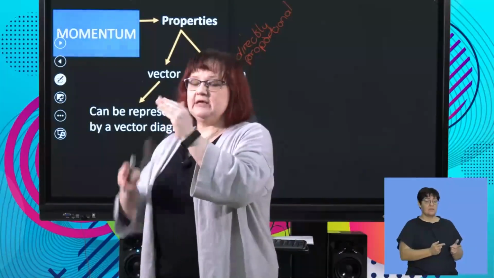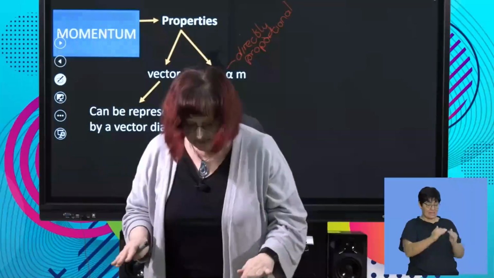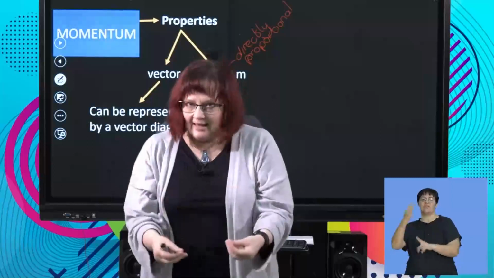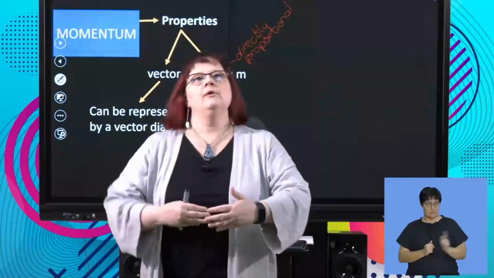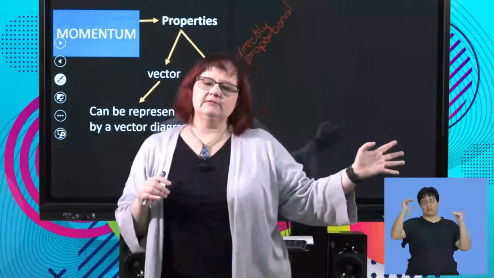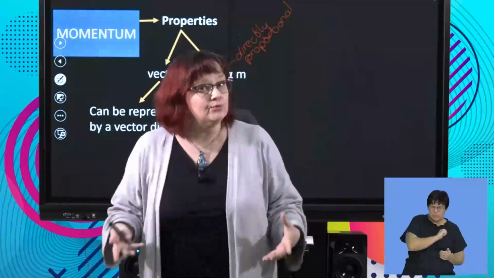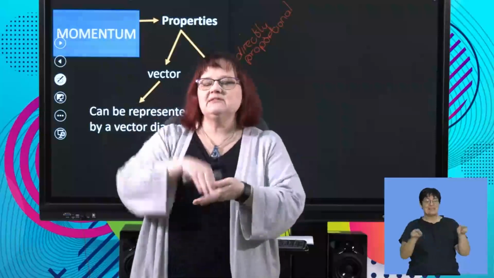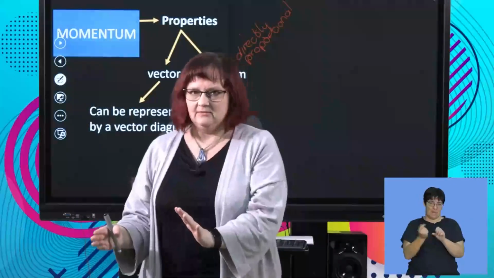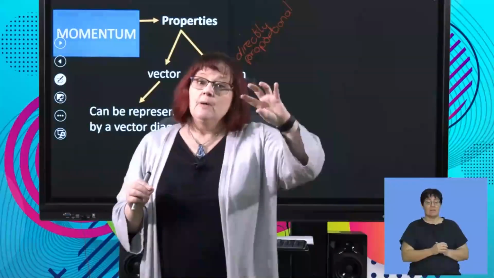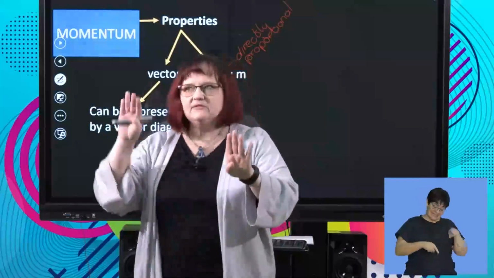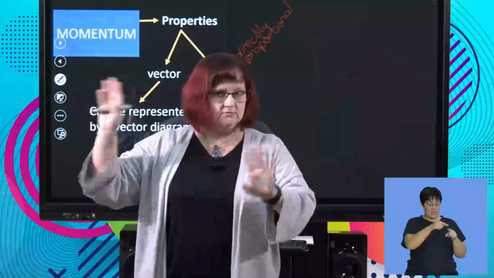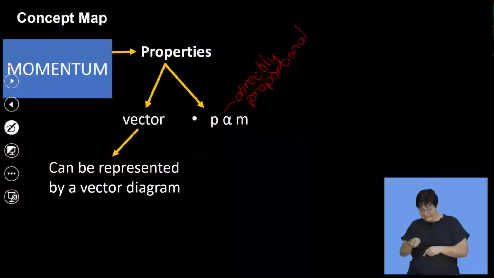If mass becomes 3 times smaller, momentum becomes 3 times smaller. Be careful here that you don't go, if mass increases, momentum increases. That's true, but they increase or decrease by the same factor. Okay, that's very important. Momentum depends on mass. Okay, not the other way around. Mass is the important part.